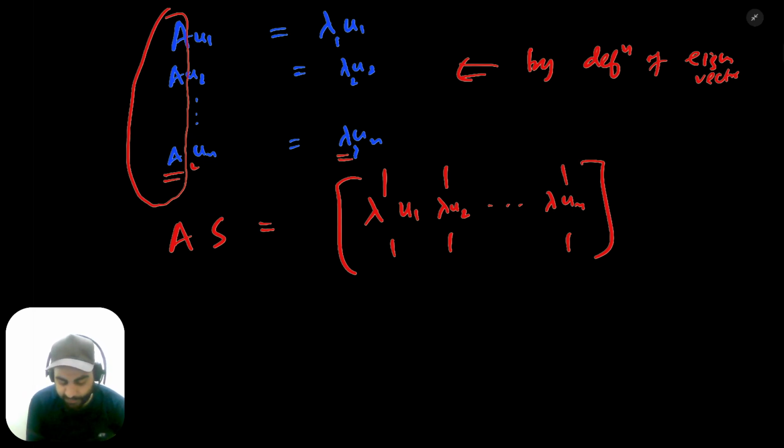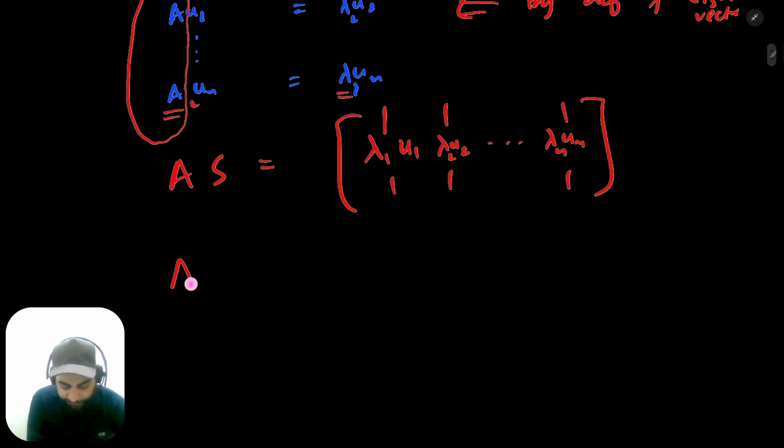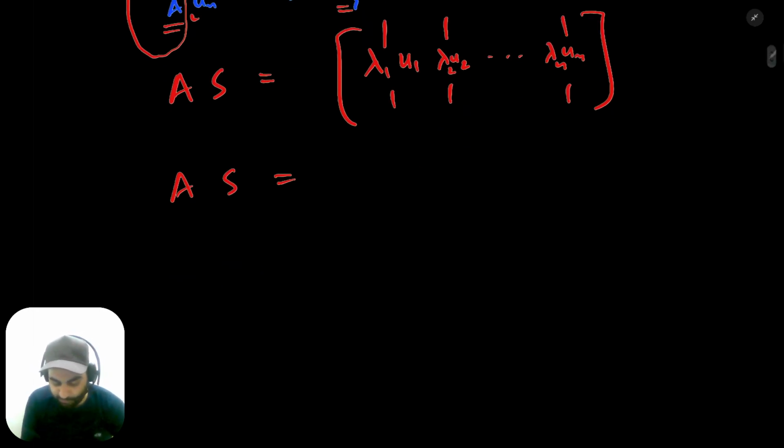Now what I did is I took these lambda 1, lambda 2 and lambda n, clubbed them and made a matrix like this. So now AS is equal to, I'll take these lambdas out. I'll take lambda 1 here, lambda 2 here, and all the other entries will be 0 till lambda n.